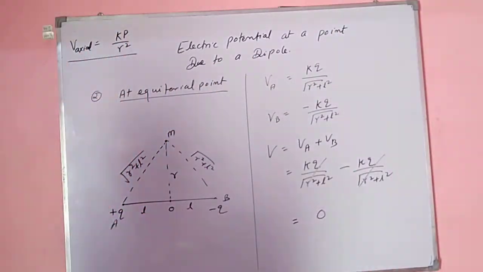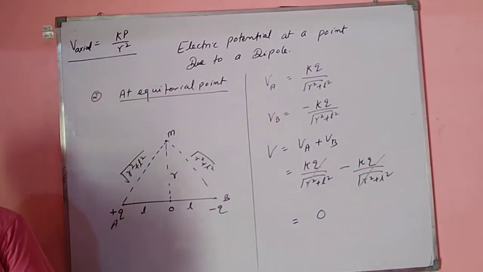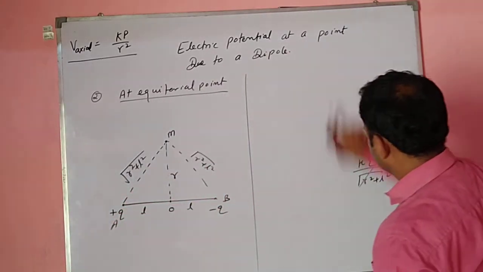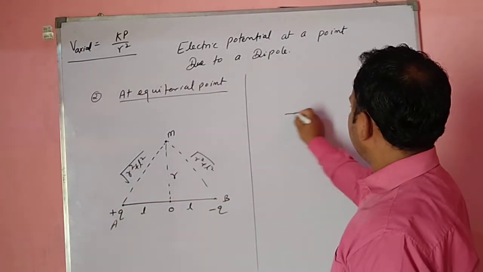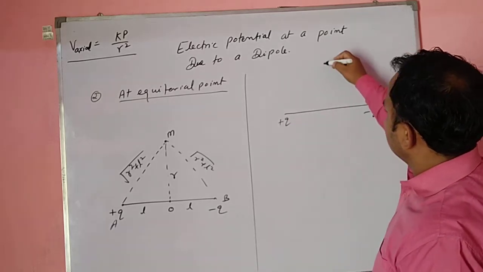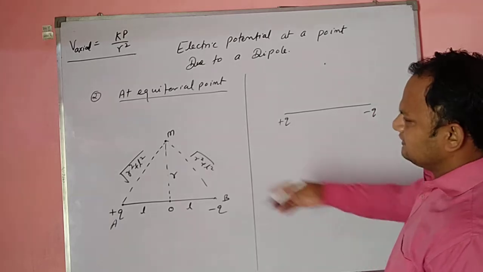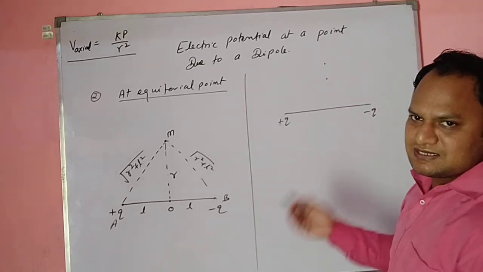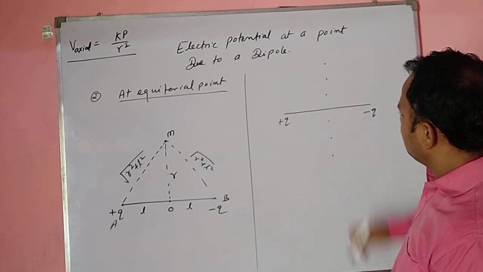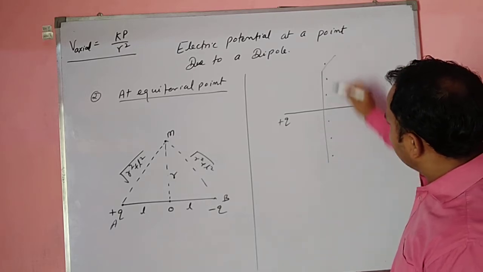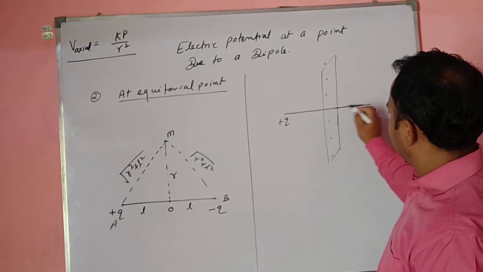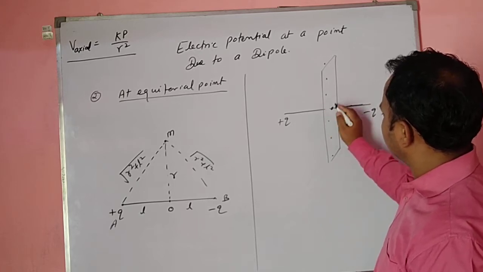So if I have this dipole, plus q and minus q, what is the potential here? The answer is 0. What is the potential here? The answer is 0. 0, 0, 0. So I can make a plane, and the dipole is passing through it.